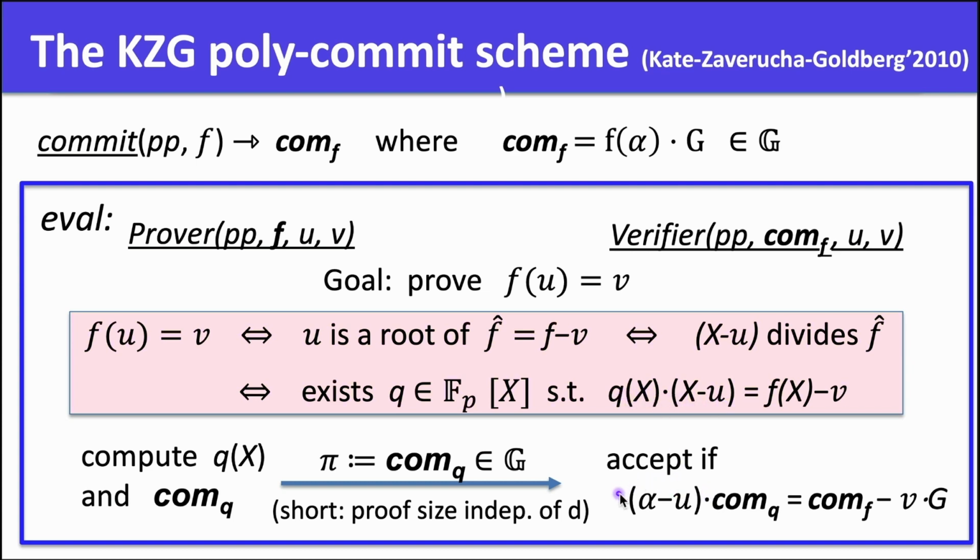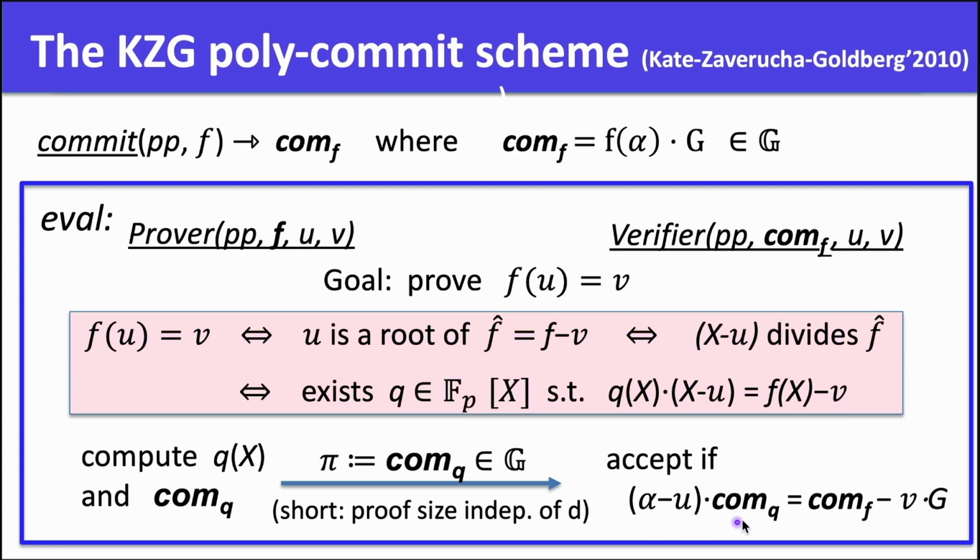Okay, so on the left-hand side here, the verifier computed the commitment to the polynomial that's on the left side of this equality. On the right side, the verifier takes the commitment to f, subtracts v times the generator. And again, if you think about this for a minute, you'll see that this is exactly the commitment to the polynomial f of x minus v.